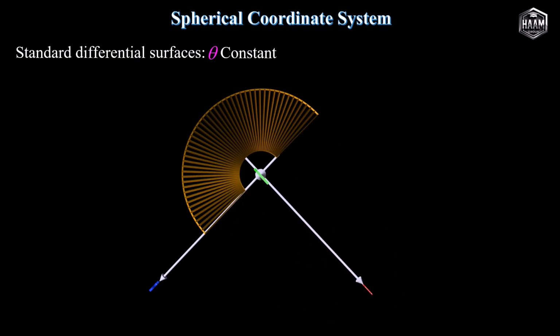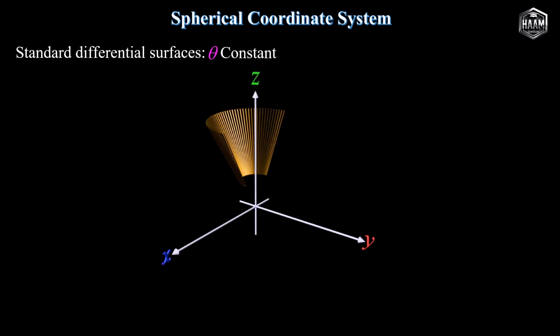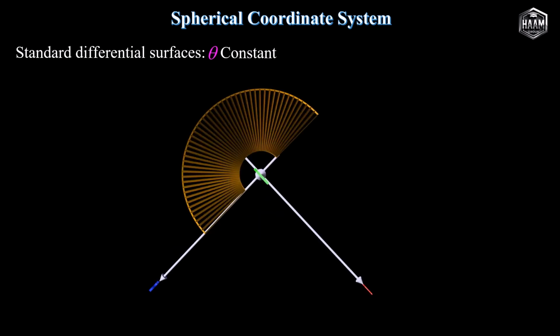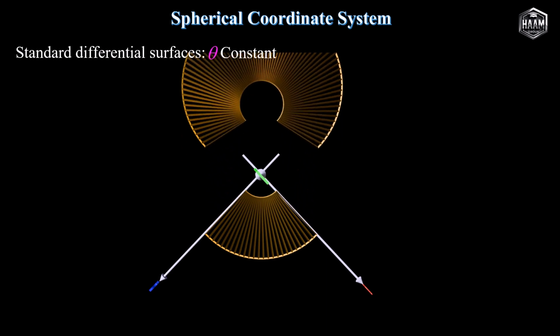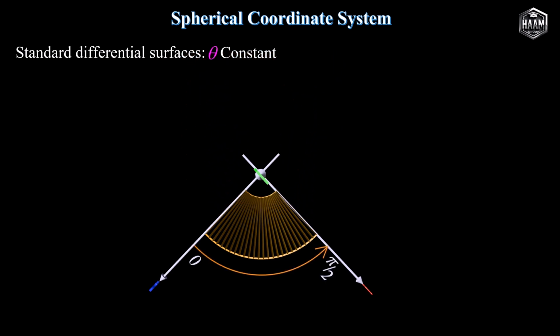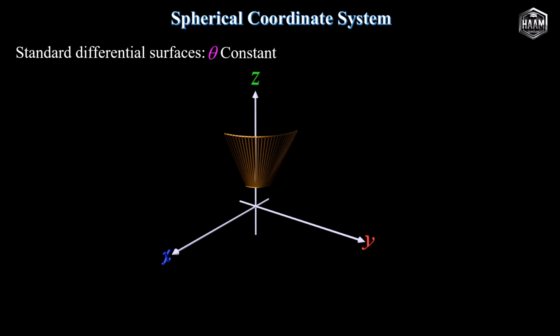Phi ranges from pi to 2 times pi. You can see the resulting half cone conical shell. We could also introduce two cuts into it. If we keep the lower quarter, phi ranges from 0 to half pi. All of these surfaces were constant theta surfaces.